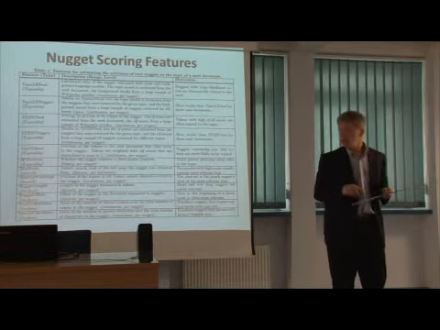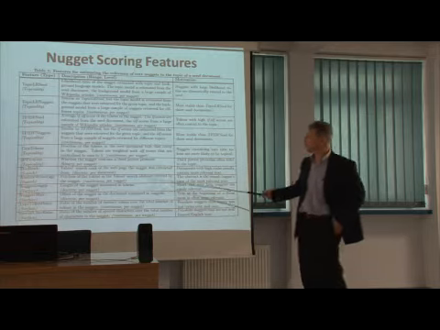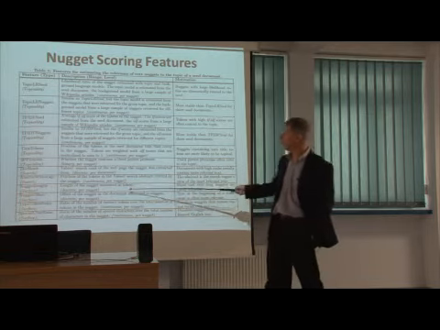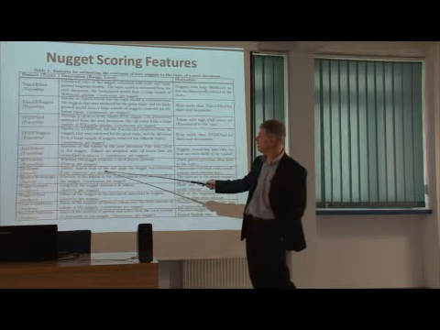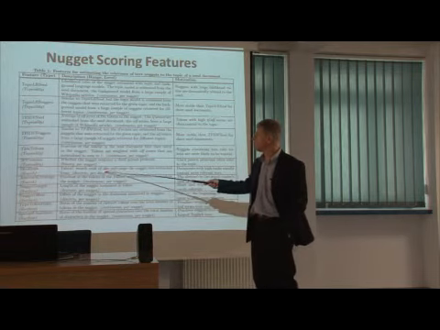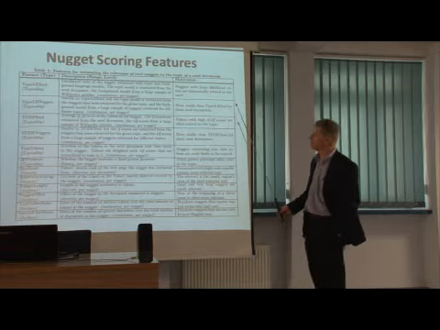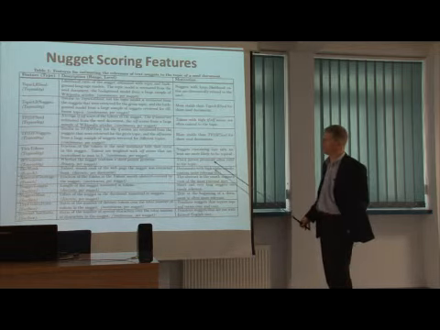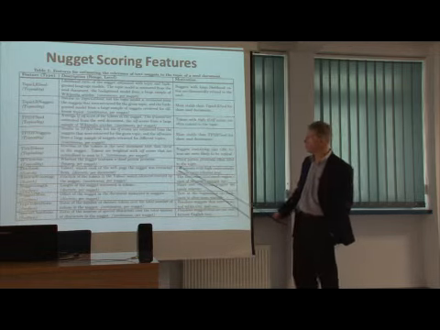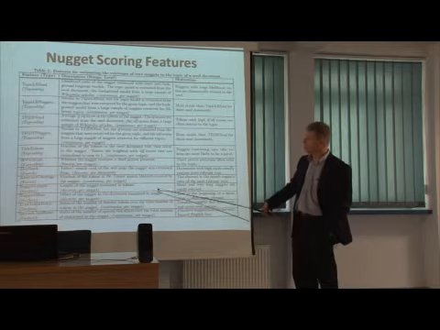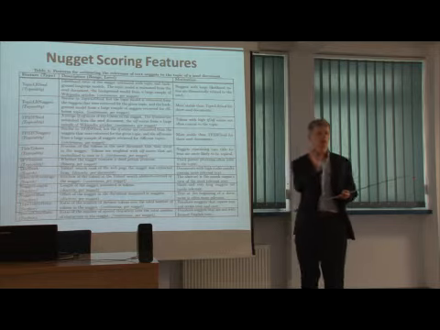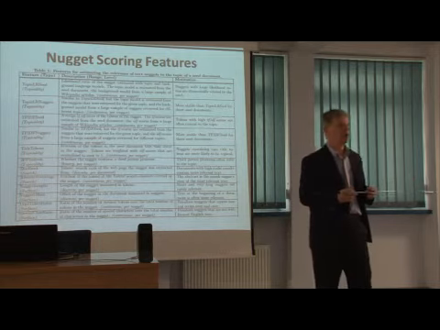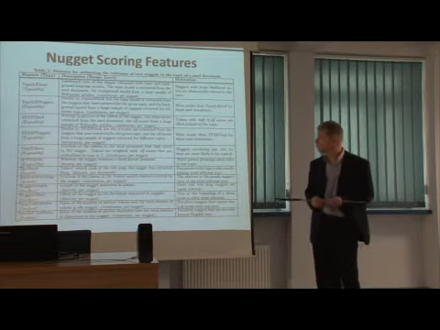One of the important features here was the document rank in search. More highly ranked web pages were more likely to have nuggets of high value. The length of the nugget was predictive, with very short nuggets being not very good and very long nuggets also not very good.